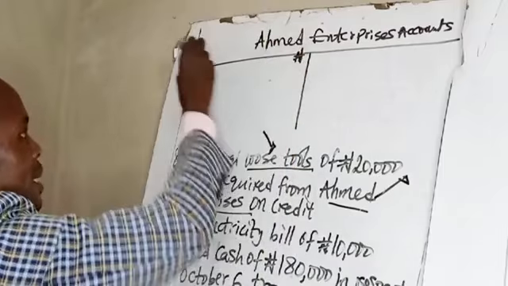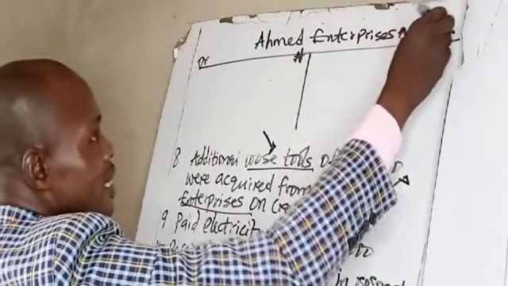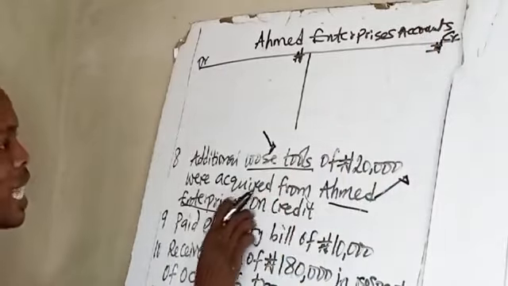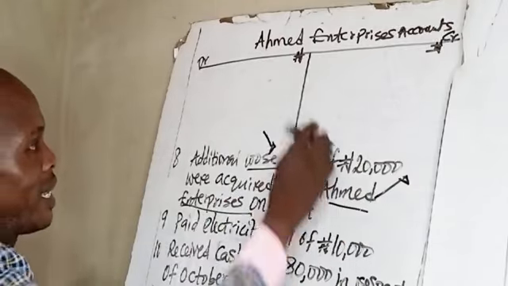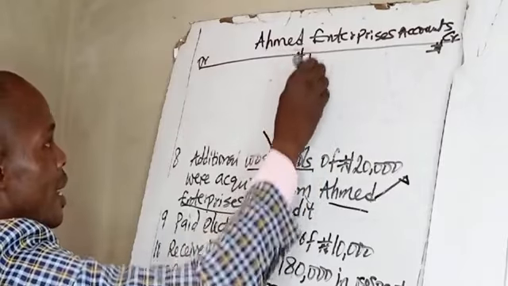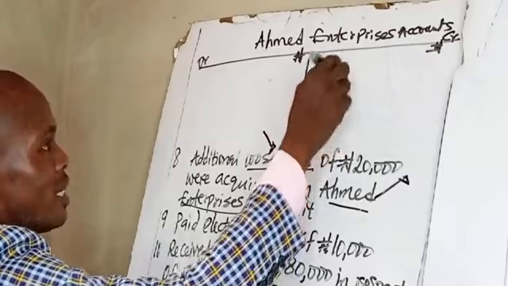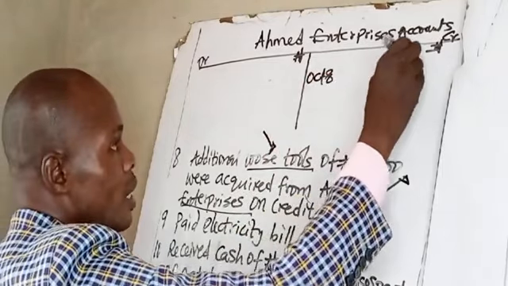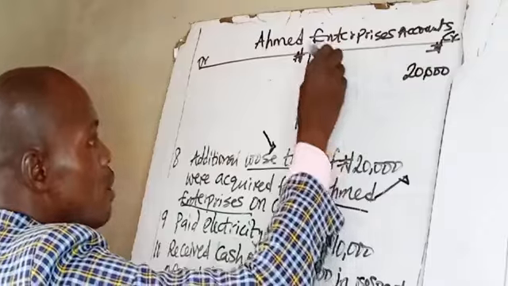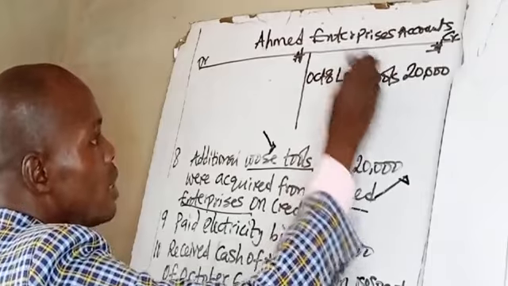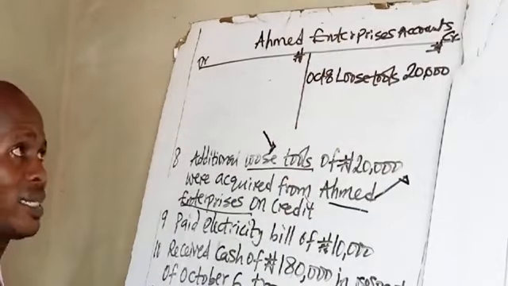You have the debit side and the credit side. Ahmed Enterprises is the giver, so you credit Ahmed Enterprises. That is October 8th. So we credit Ahmed Enterprises with the sum of 20,000. The narration will be loose tools. So you are going to debit loose tools account.